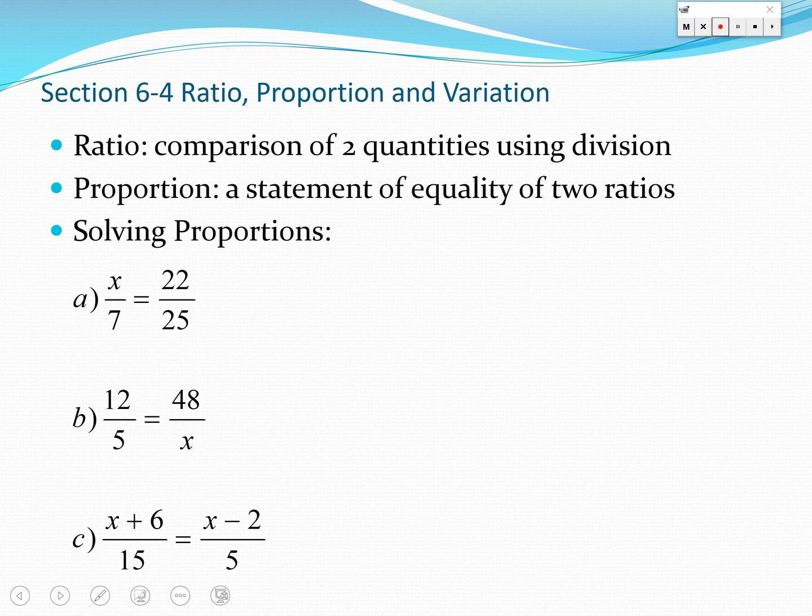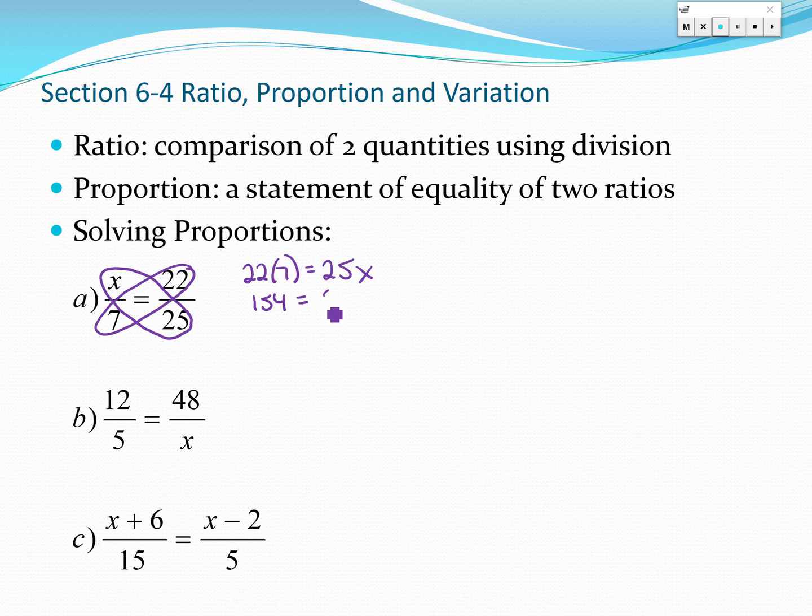How we solve proportions. Once upon a time, you learned that you cross multiply. Now some of you just learned cross multiply, divide. I like to just say you cross multiply, which means 22 times 7 equals 25 times x. We do a little simplifying. We get 154 equals 25x.